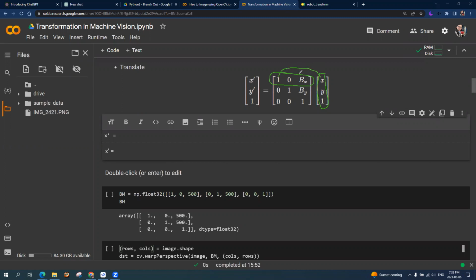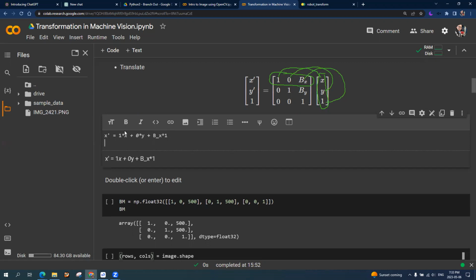This guy multiplies the x, this guy multiplies the y, and this guy multiplies this, and then we add them together. That's what this kind of writing means. So what we have here is actually 1 multiplied by x plus 0 multiplied by y plus bx multiplied by 1.